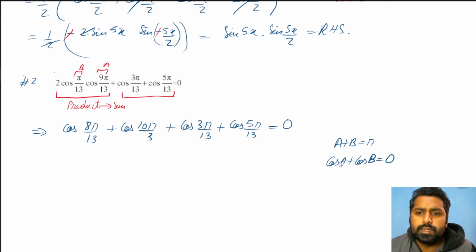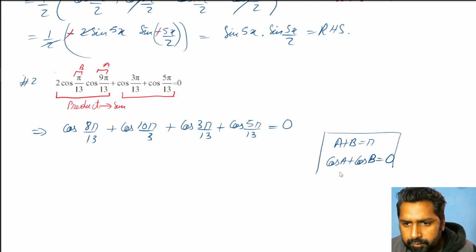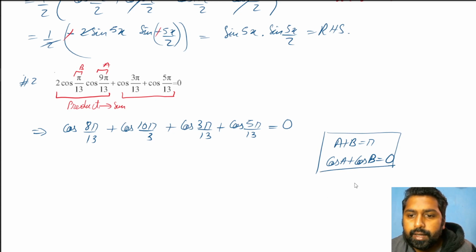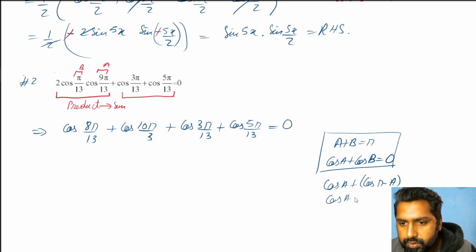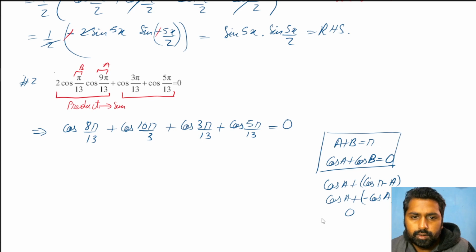Why is it happening? Because you can write cos B as cos of (pi minus A), and in the second quadrant cos is negative, so cos A minus cos A becomes 0. So if the two angles sum to pi, the cos addition will cancel.